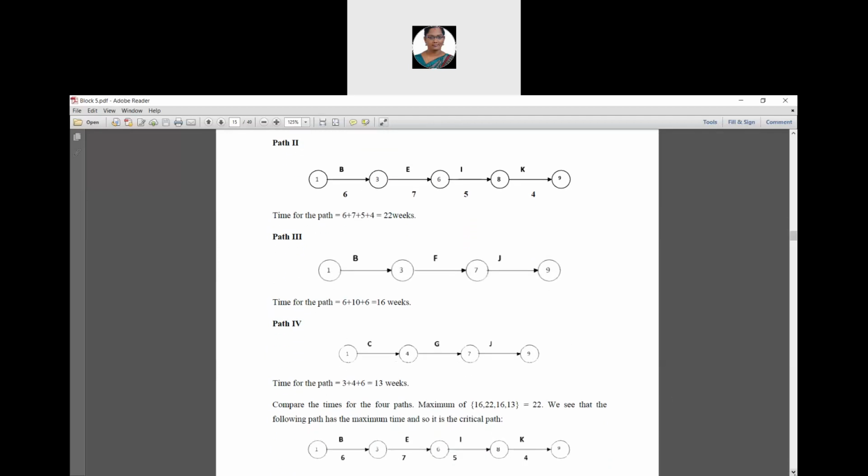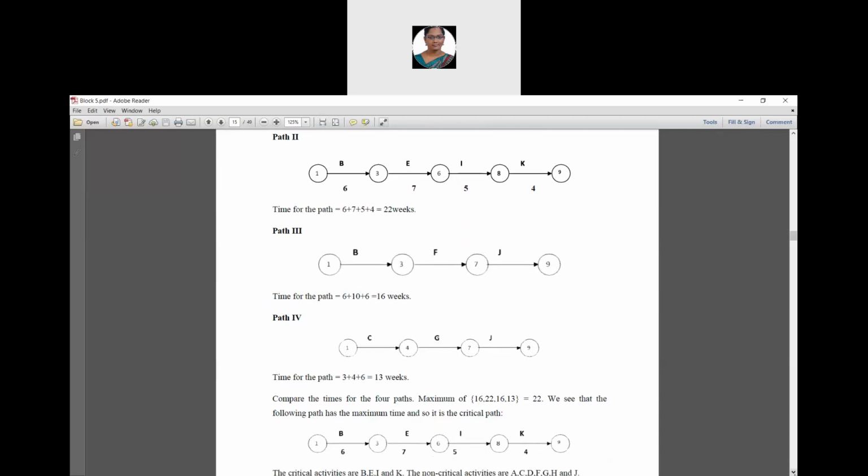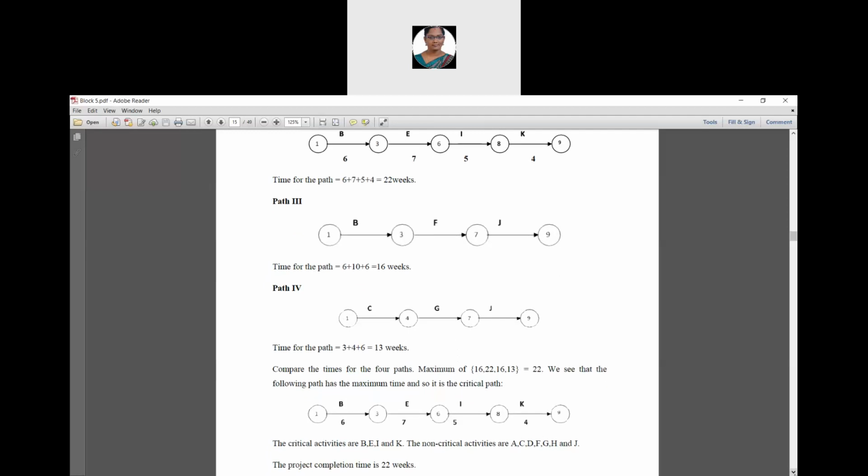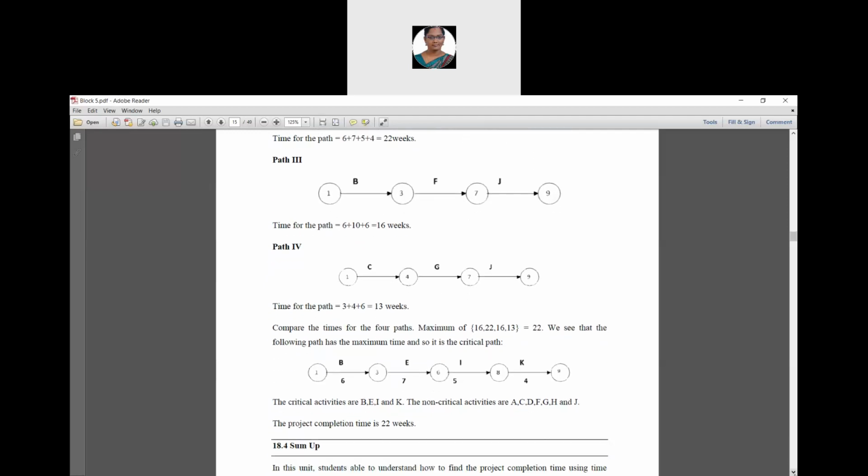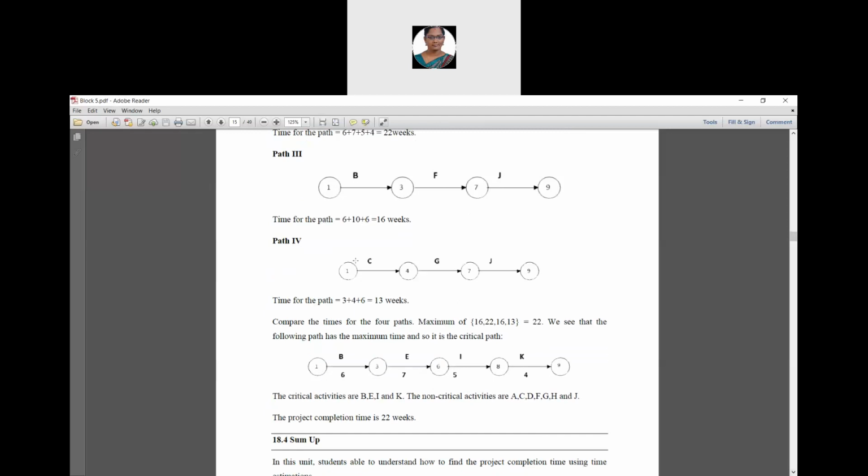Its corresponding time duration value is 6 plus 10 plus 6. Then path 4.